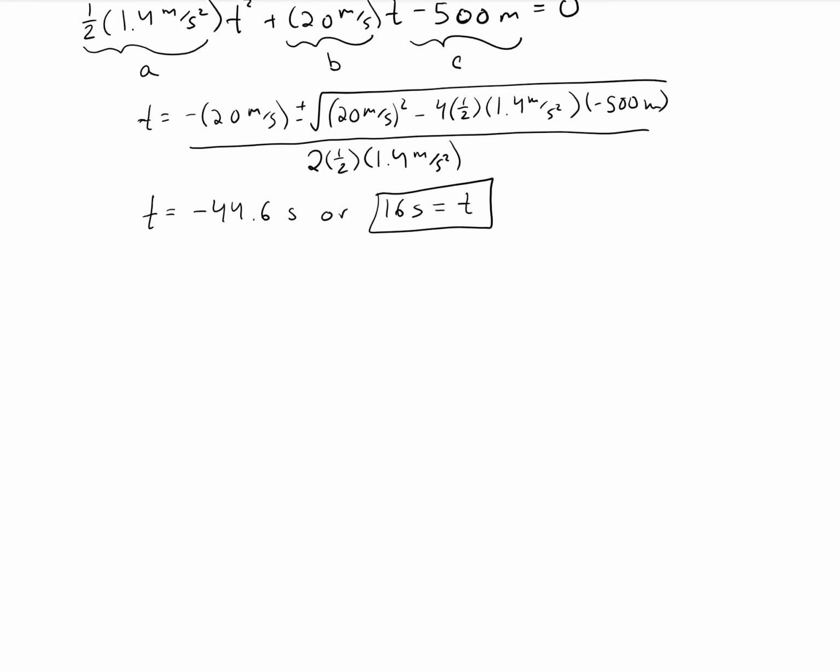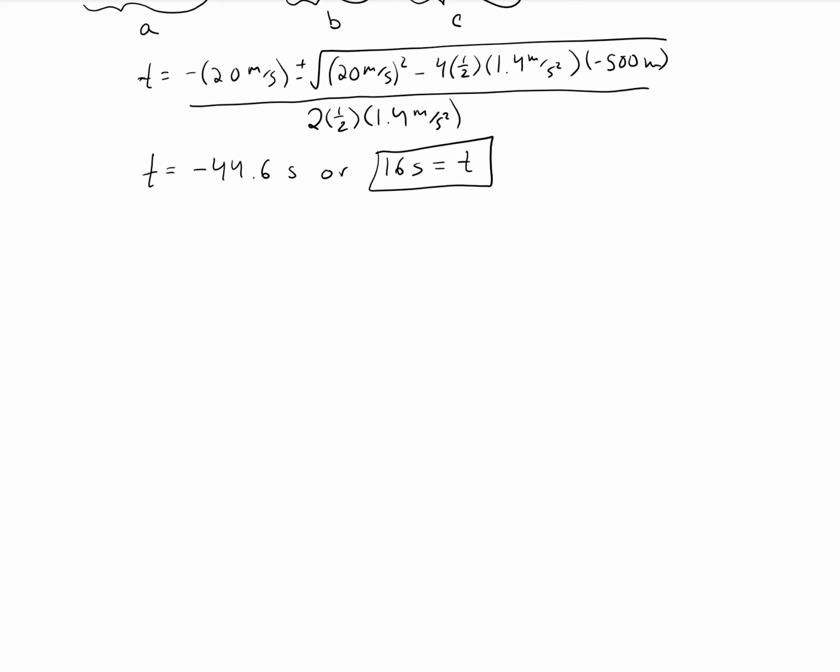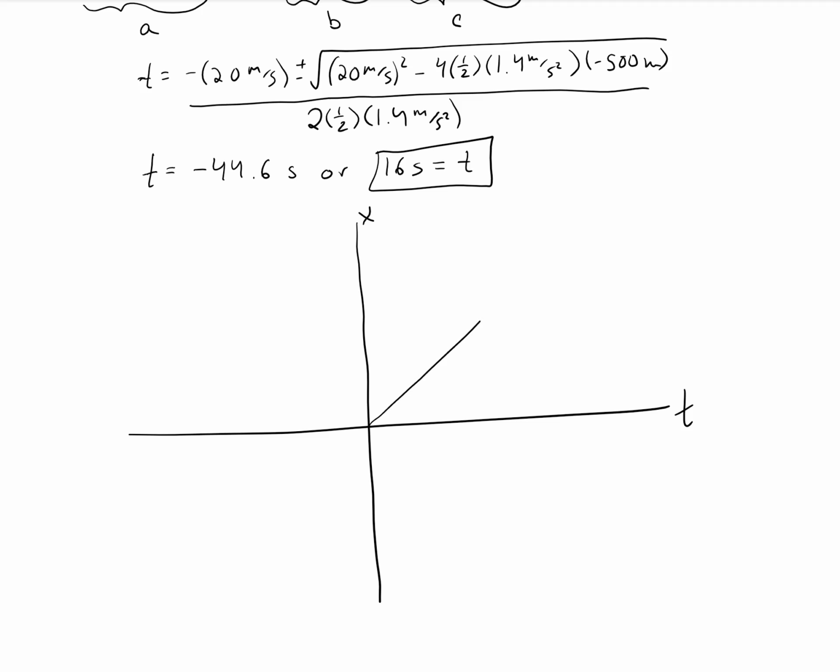But if you're wondering what that second answer would mean, we showed in part A that if you graph the motion of the two trains, they look something like this, right? If this is train 2 and this is train 1. And the quadratic equation doesn't know that we're only talking about positive times, right?